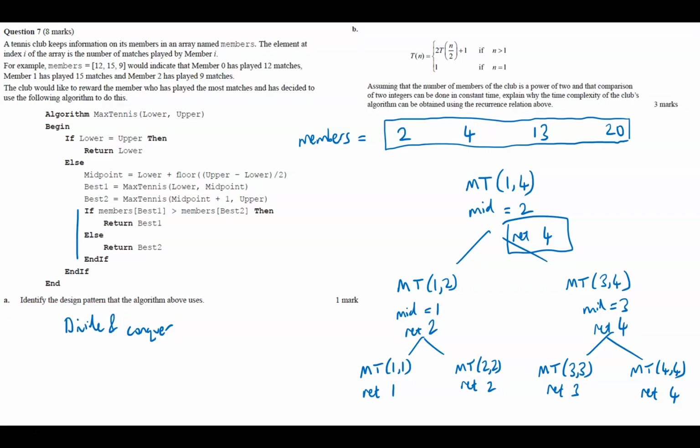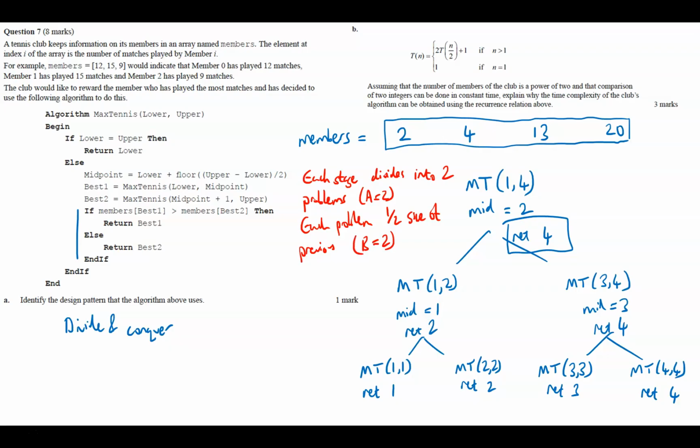So each stage divides into 2 problems. That means that A equals 2, and each problem is half the size of the previous level, which means that B equals 2. 3 marks here. We also need to explain why it's plus 1.